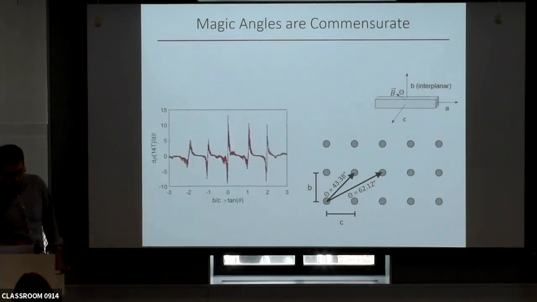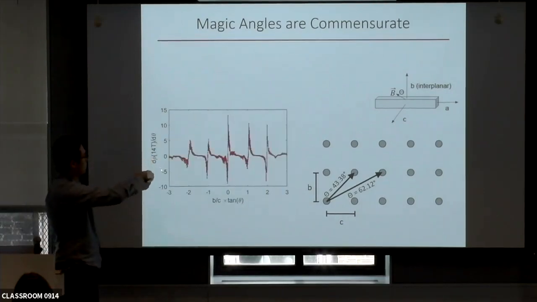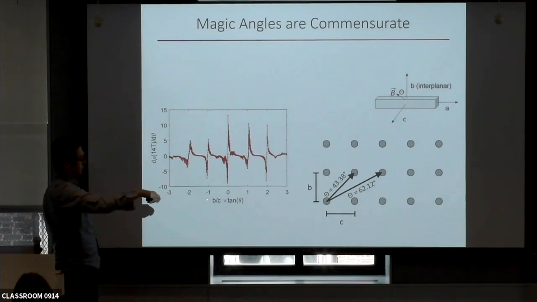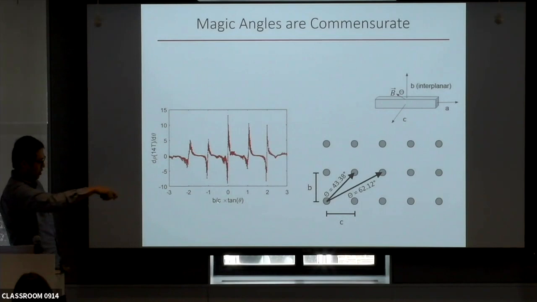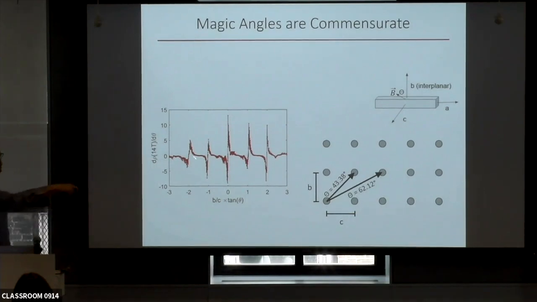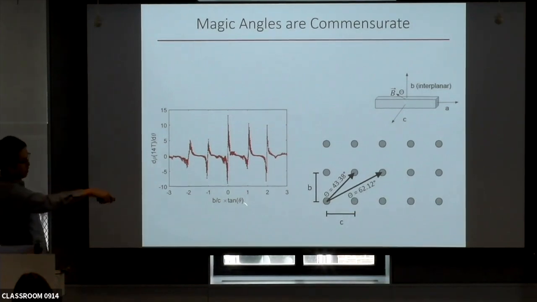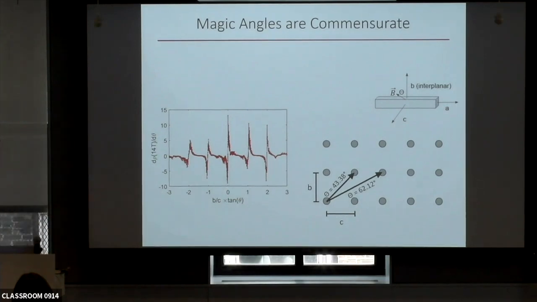To convince you, we also plot R versus theta and then plot it against B over the c lattice constant multiplying tangent theta. If this is really pointing to that vector, then you should see this feature appear at integer values of this quantity, and indeed you can see that 0, 1, 2 all appear at integer values.